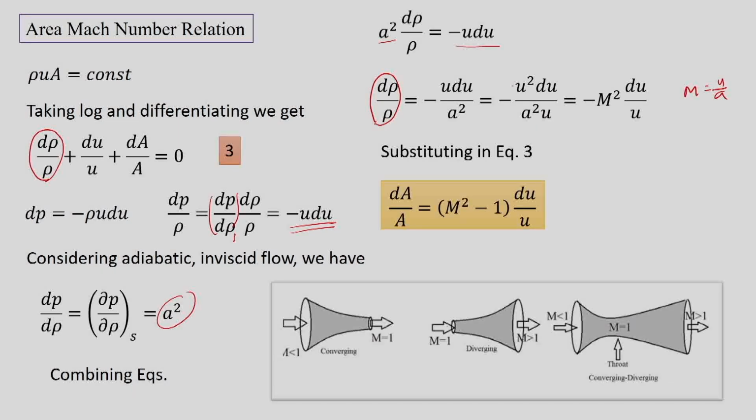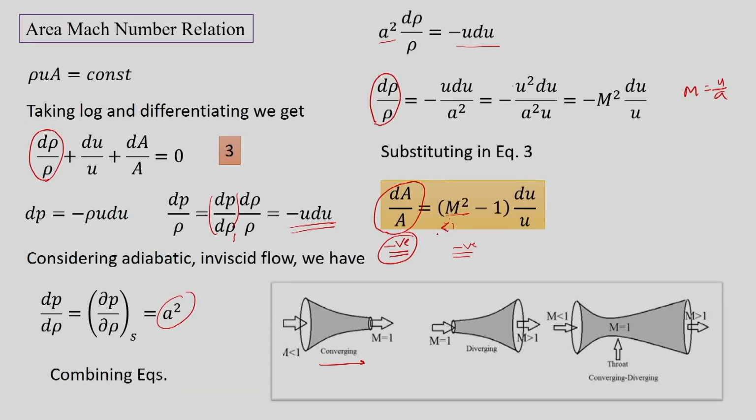So, we have three things at our disposal. First is this dA by A, the area geometry variation, and now let us consider a converging section where dA by A is a negative term. So, if this is a negative term, the right hand side should also be a negative term. So, for that term to be negative, let us consider the Mach number to be less than 1.